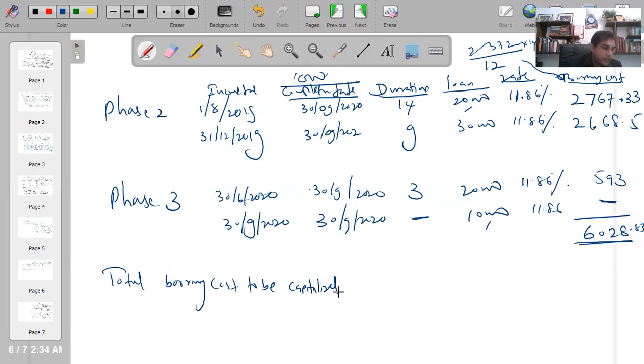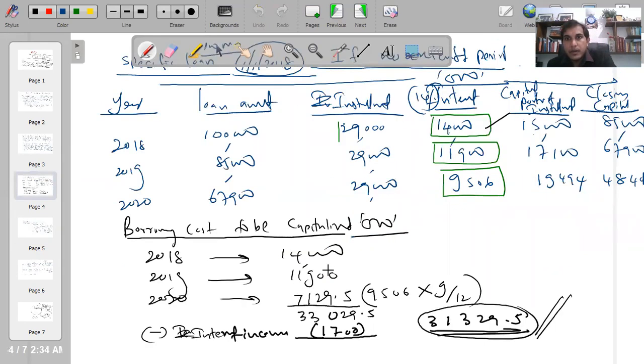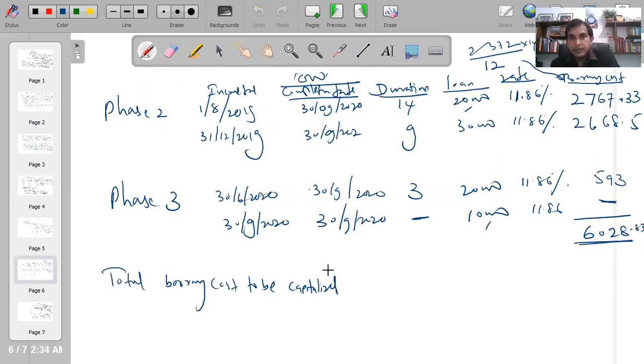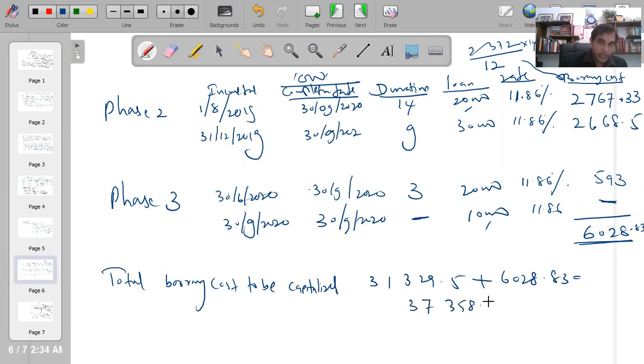The previous one, 31,329.5, then plus 6,028.83, gives 37,358.33.